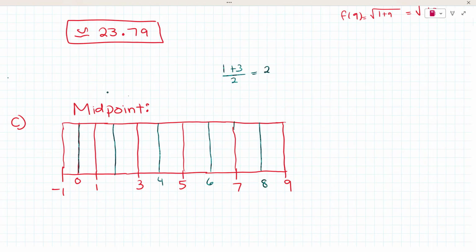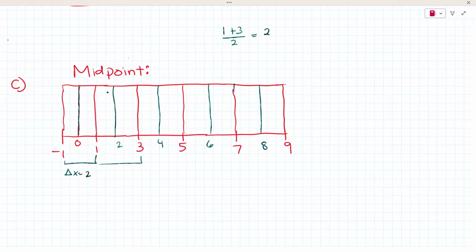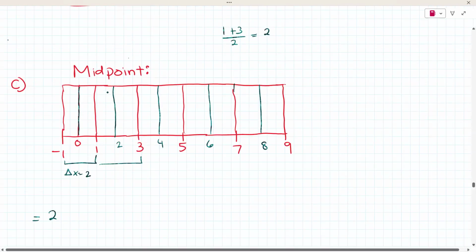Okay, so because our total distance from -1 to 1 is still 2, and then 1 to 3 is 2, right? So your delta x is still 2. So it's going to be 2, and then, so we're doing the midpoint.